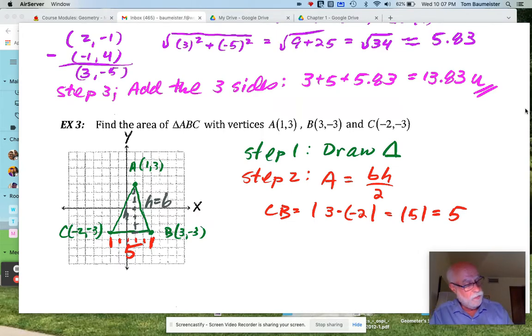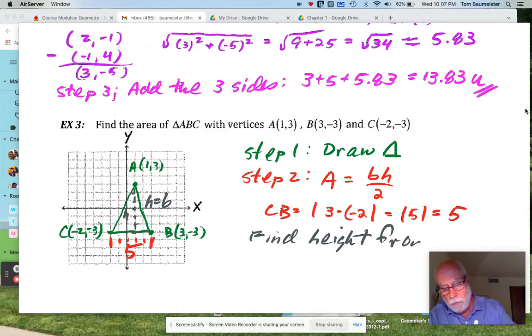So then we're just going to say, so what did we just do there? We just did find the height from point A to CB. Remember that's a line segment, CB, so I'm going to put a line segment over it.